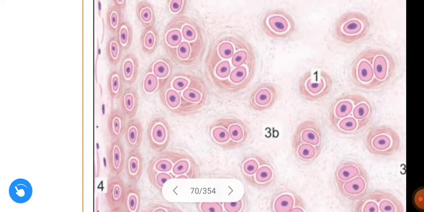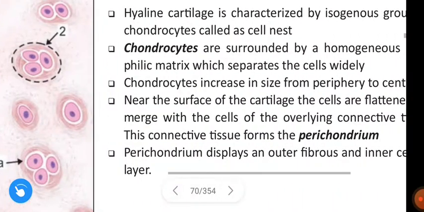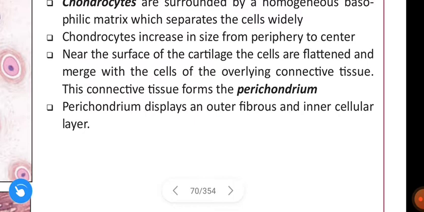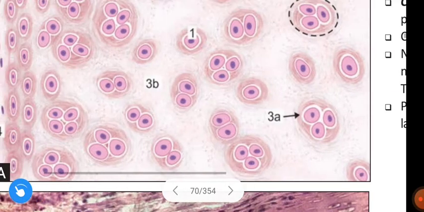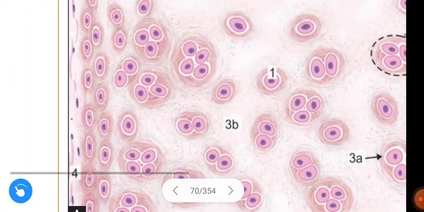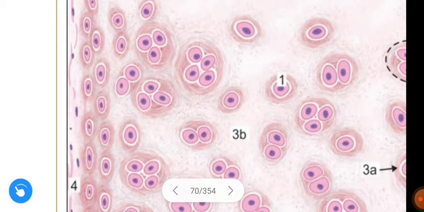Next, coming to the last point, and that is very important. Perichondrium displays an outer fibrous and inner cellular layer. See here, I already told you this perichondrium is of two layers.